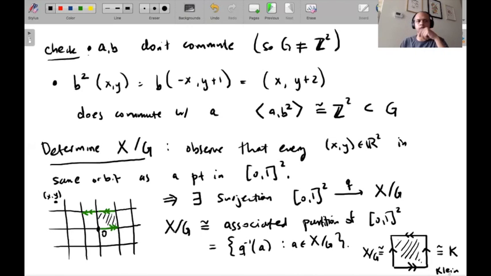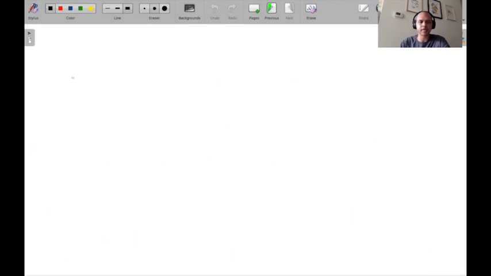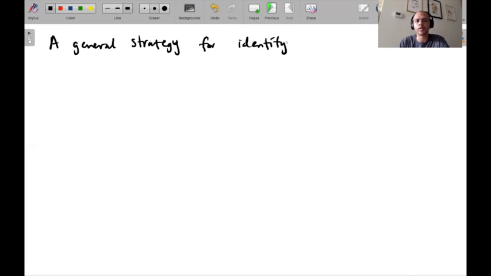So a general remark about the strategy that we used here to identify this quotient space. Here's a general strategy for identifying a quotient space.